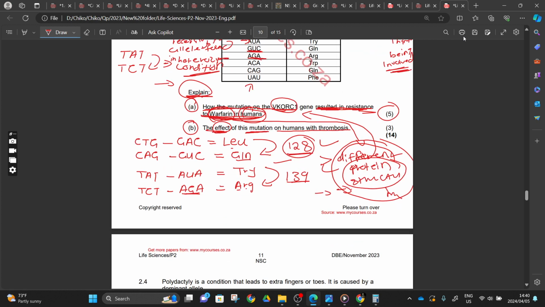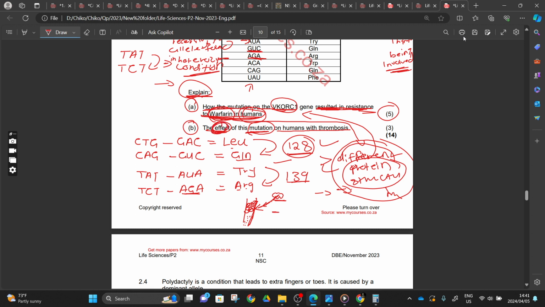Humans with thrombosis are being affected, their blood is clotting in the arteries, and when you take a warfarin drug, it comes and attaches to this blood clot, and when it attaches, the clot is going to be broken down. But if you have this mutation, this warfarin won't be active, or you are going to be resistant to this treatment. What will be the effect?